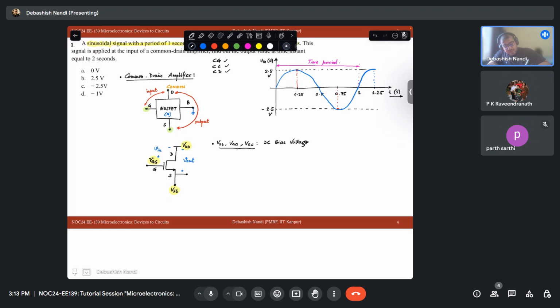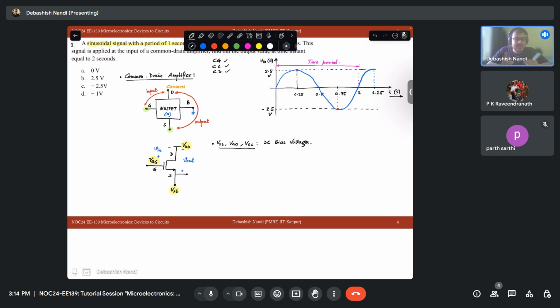We need to first determine in which region our device has to operate: linear, saturation, or strong inversion. The voltage applied at the gate with respect to source determines whether my device is in weak inversion, depletion, or inversion.